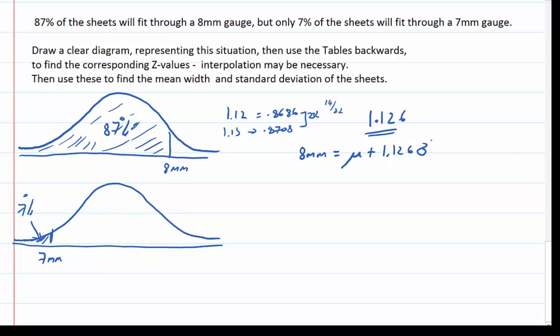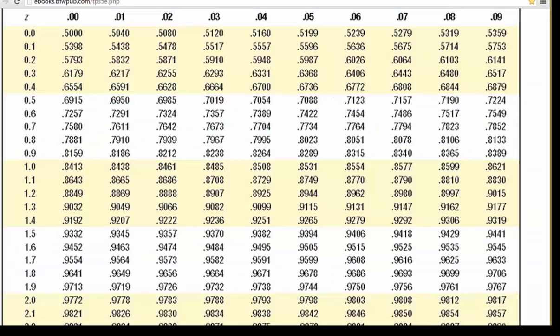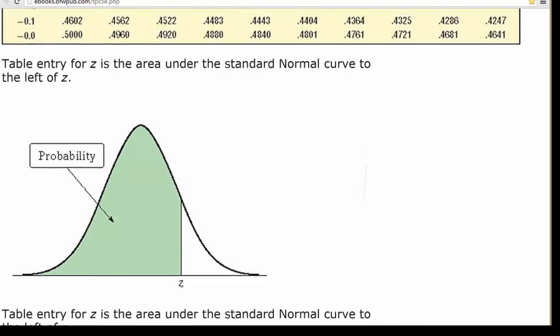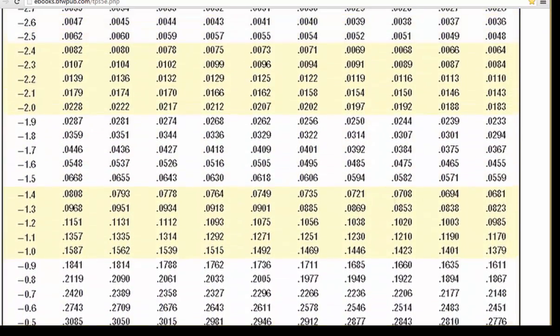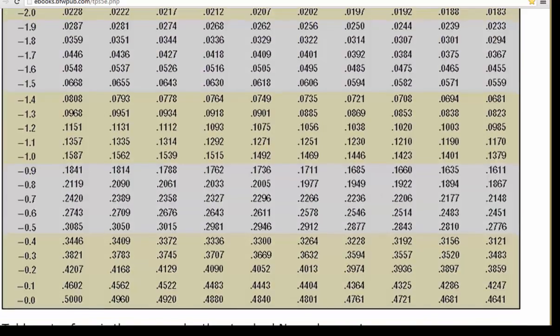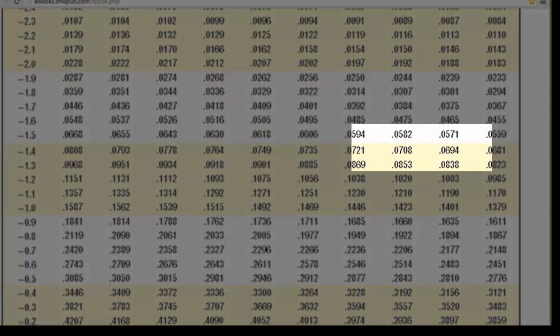Moving on to the second bit, 7% in the lower tail. We need to go all the way back to the negative numbers, and 7% lies around here, 0.0708 and 0.0694 at minus 1.4 ish. So minus 1.47 is 0.0708.